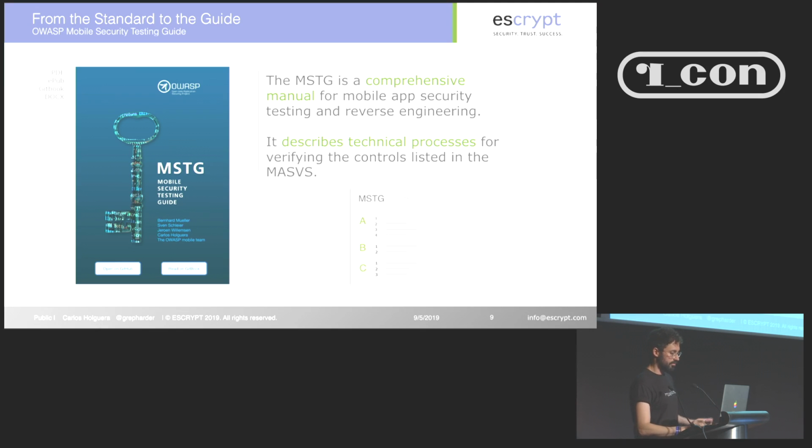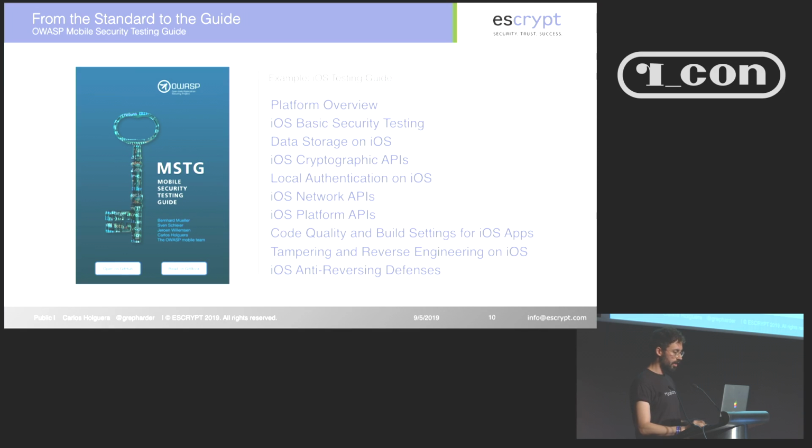So yeah, for each of the security requirements, you will find the descriptions here. We will see also how. So this is an example. We have the general testing guide that covers things that are common for Android and iOS. And this is the example of the structure of the chapters for the iOS testing guide.